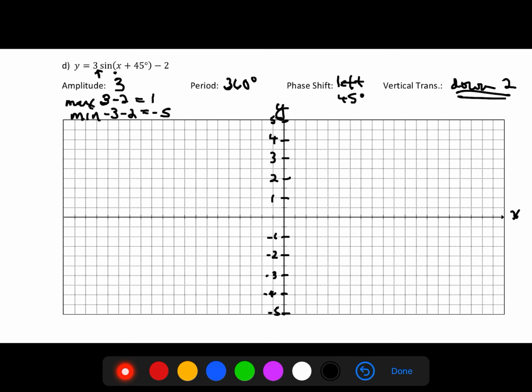And again, we don't necessarily have to label every single one. We're also going to go for our x-axis left 45. So we want to make sure we know exactly how much 45 is. So if we want to go every 2 blocks is 45, means we're going to go every 4 blocks is 90.